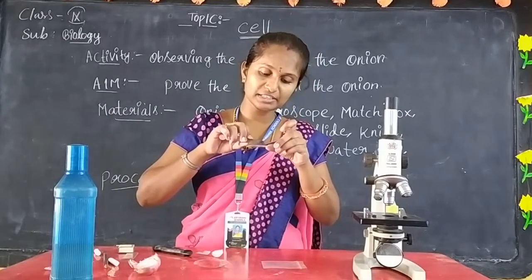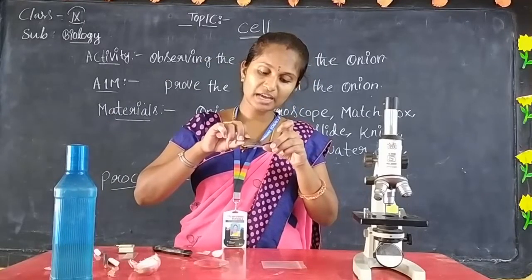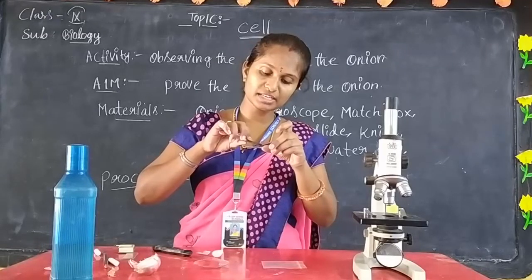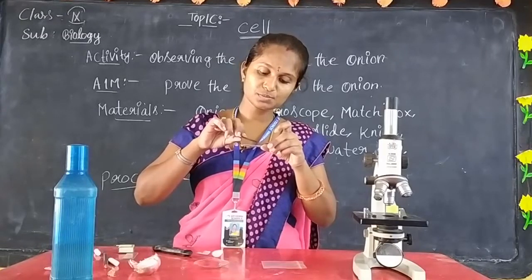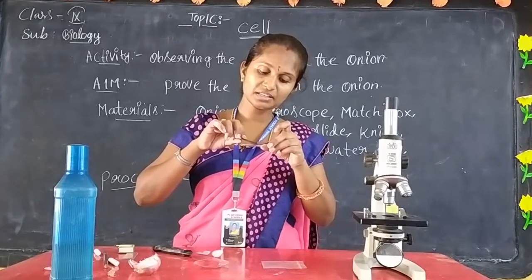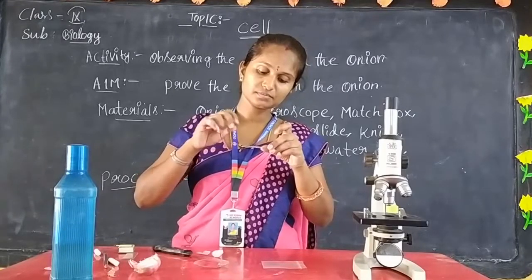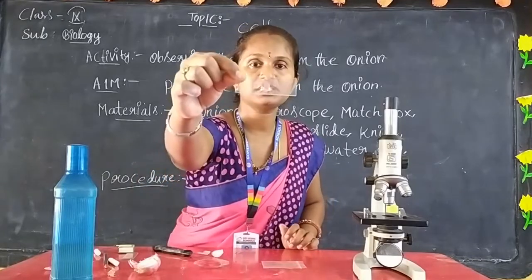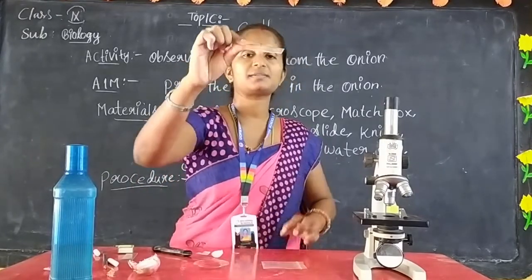Just spread it neatly. Be careful not to harm any cell present here. You should spread it as a thin layer. Now you can see I spread it as a thin layer.